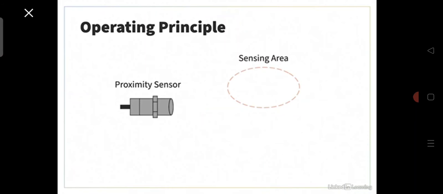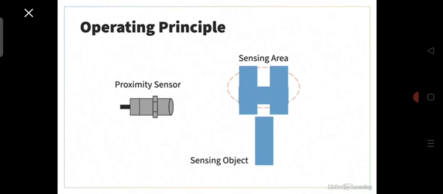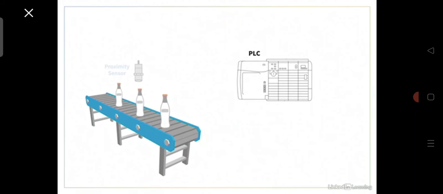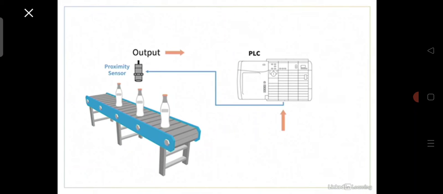Each sensor has a sensing area, meaning a range that it can operate within, so the sensor can detect the object anywhere within the sensing area. The sensor detects the changes as a transition. The output data of a proximity sensor can be either analog or digital.